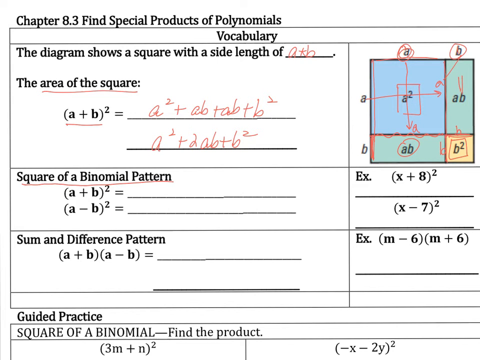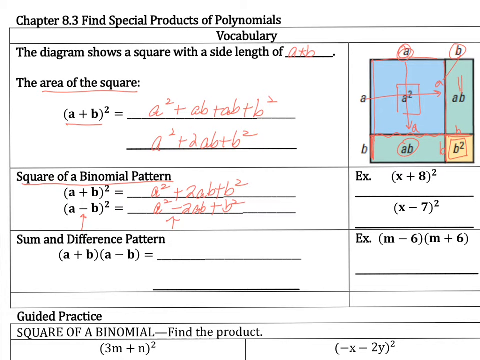Whenever you get a binomial that's squared, you can immediately expand this squared binomial as a squared plus 2ab plus b squared. And for this case, when you have a subtraction sign in between, it will be a squared minus 2ab plus b squared. And as to why this is subtraction, I will leave it for you to think about.